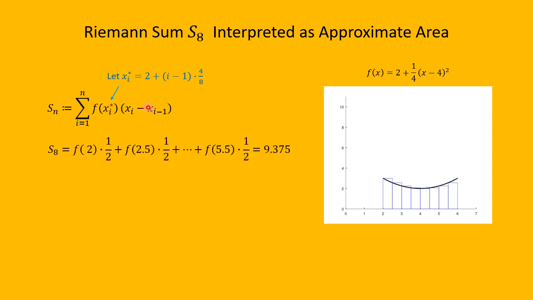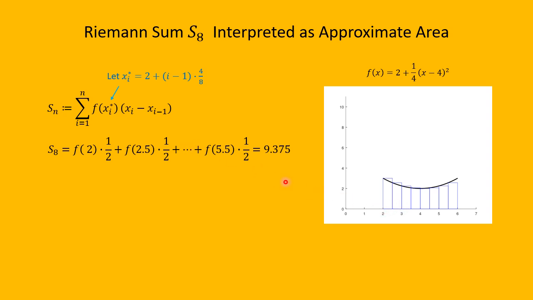So if we write out some terms here, the first term when i equals 1 is f of 2 times the length of the subinterval, which is a half because it goes from 2 to 2.5 here, plus the next rectangle has height f of 2.5, and the base is still a half.